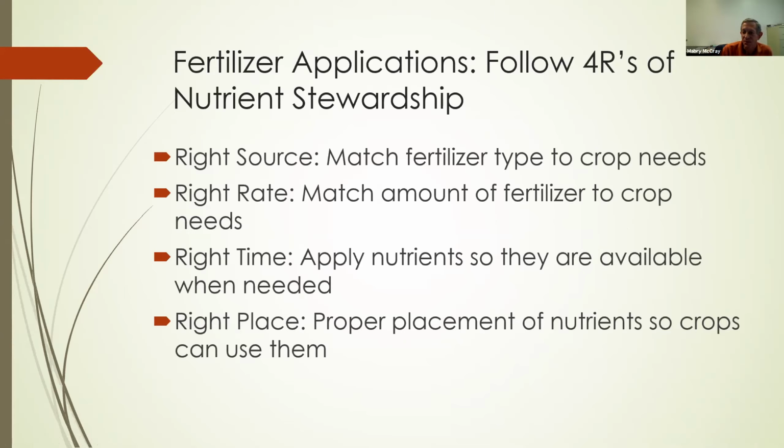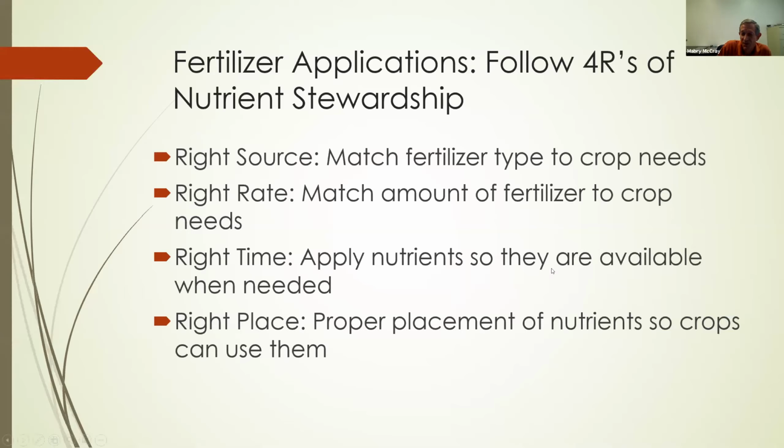It might be soluble fertilizer versus control release, but the source that's appropriate for your crop and your cropping system. The right rate, the amount of fertilizer matched to the crop needs. You should pay attention to recommendations and the nutrient response curves that have been developed for your crop in your area that would tell you how much nitrogen you need for that crop.